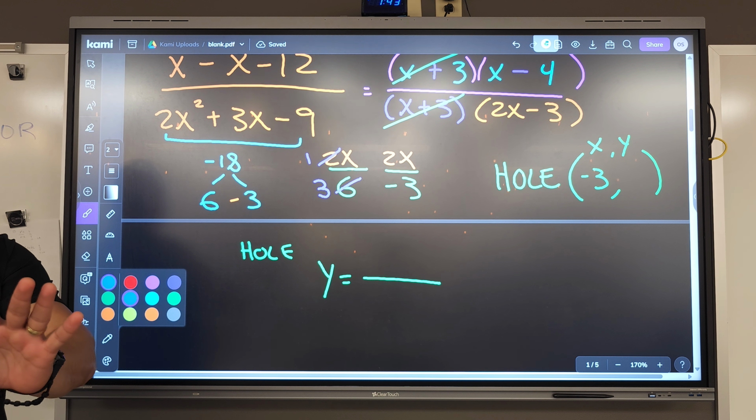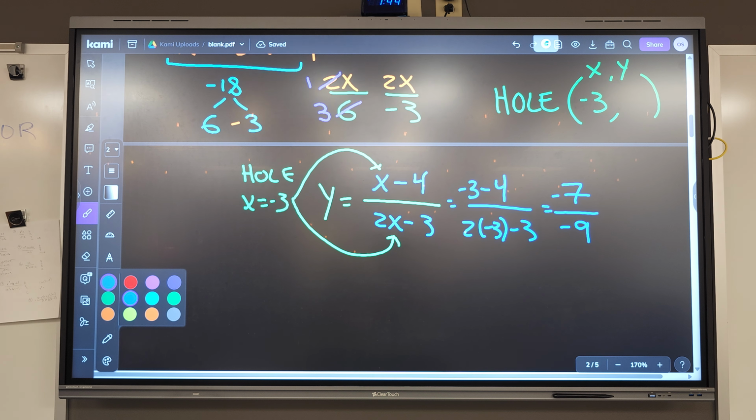So I'm going to plug that in to the x's so that I can get the y. And so this would look like this: negative 3 minus 4 over 2 times negative 3 minus 3. So negative 3 minus 4 is negative 7. 2 times negative 3 is negative 6. Negative 6 minus 3 is negative 9.